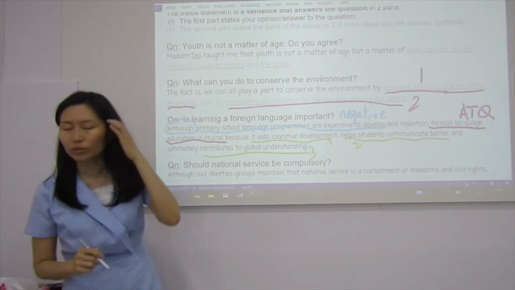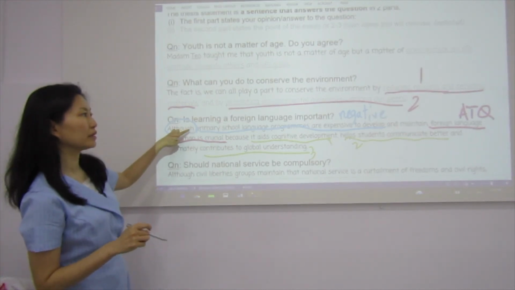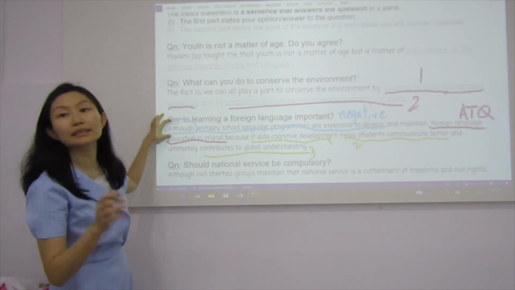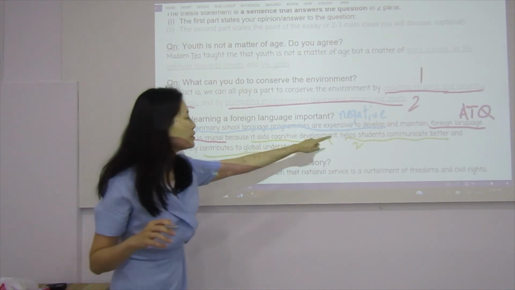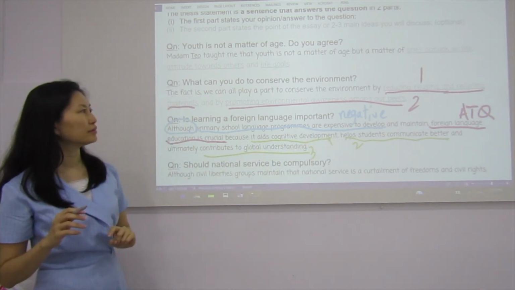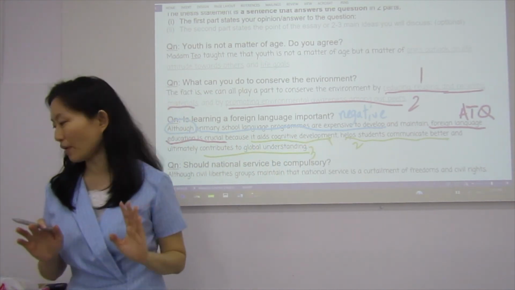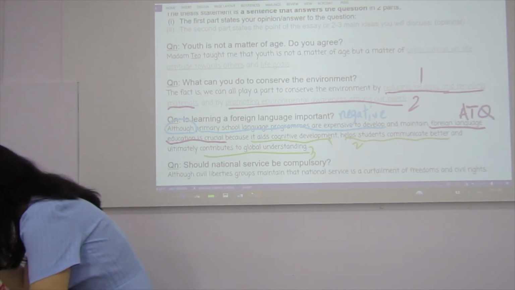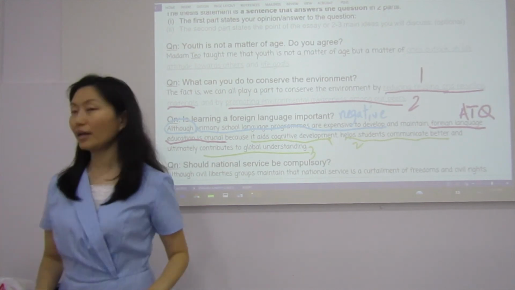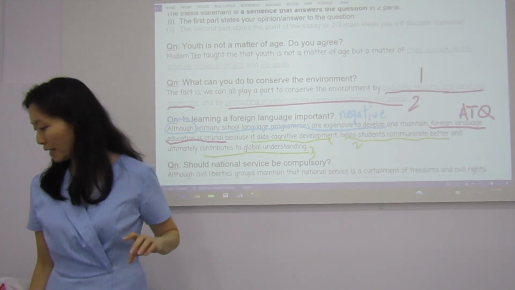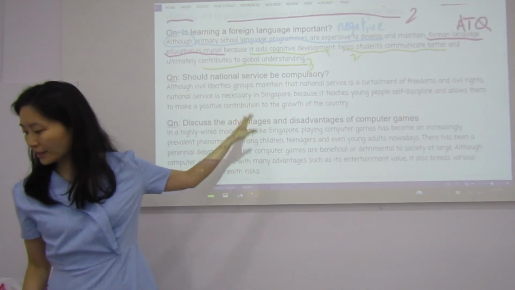You can do color coding like me if you want to make it clearer. So this blue point is negative, right? That's a negative, then followed by the 3 positive. So that's how we can write a very neat thesis statement. Okay, good. You can try picking out the rest on your own.